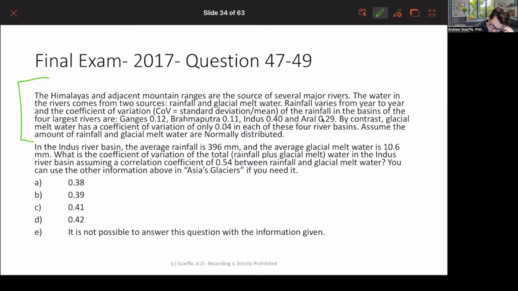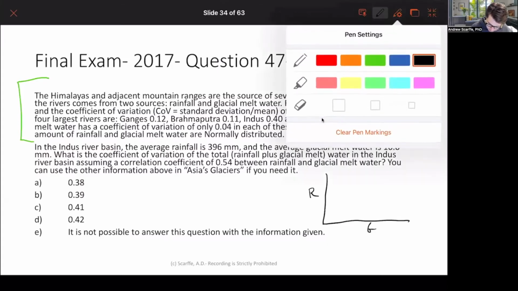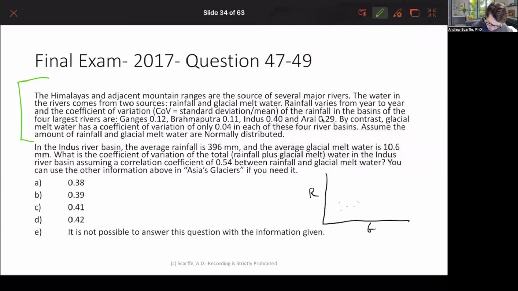Now, a couple concepts that we can just explore off the start. So if we have an X and Y plane, we can say that perhaps it's rainfall and glacial meltwater, and then we have these points that maybe look something like this. Now, our question tells us that there's a correlation coefficient of 0.54. Now, we remember that a correlation coefficient is also written as R is equal to 0.54.